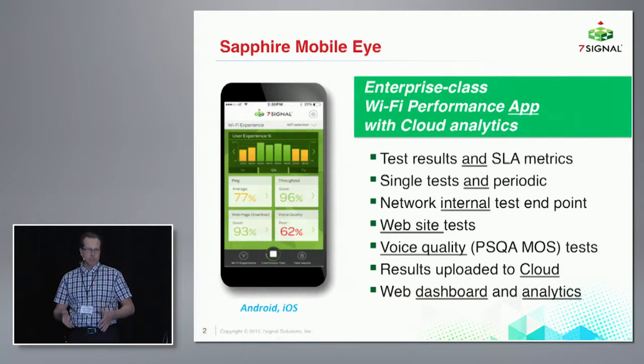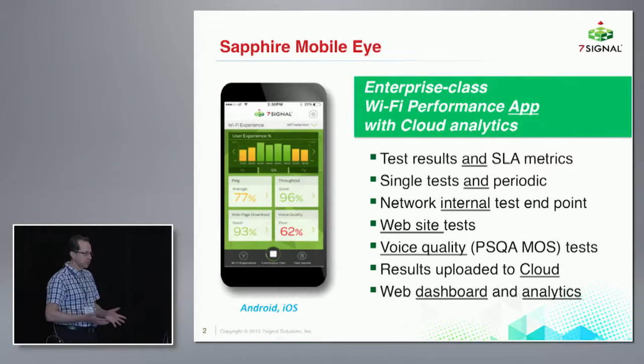So when the app is measuring your network, it's measuring your network, not the internet, towards the internet endpoint. So that allows you to measure only your network and see how fast you can go, how well your network performs.